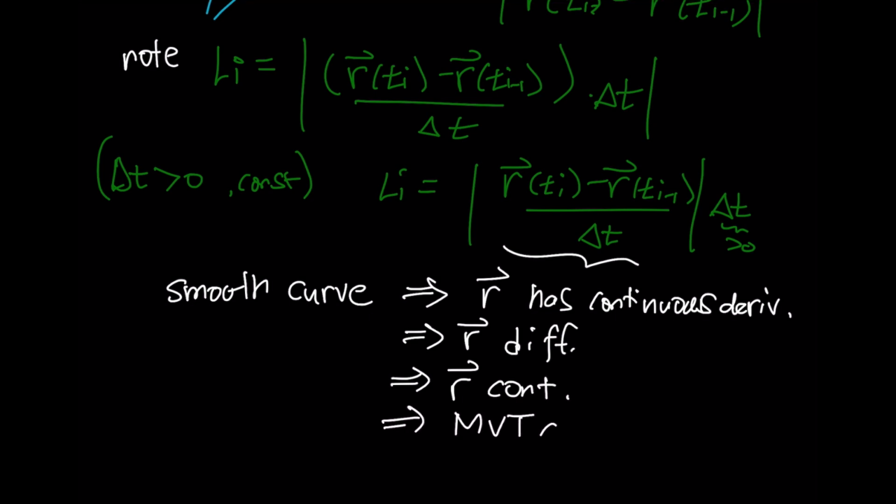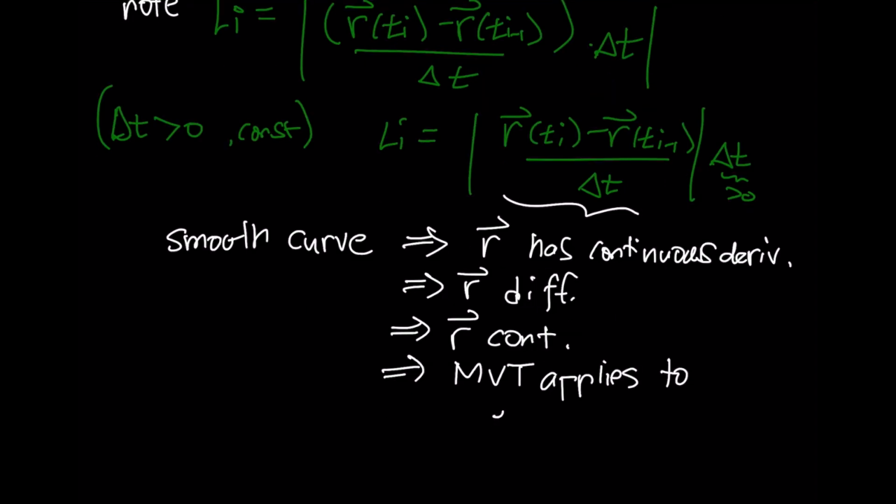Now remember, when you've got a vector function, it's made up of 3 scalar components. If the vector function is differentiable and has continuous derivatives, it means each component has a continuous derivative. That means each component is differentiable. That means each component is continuous, and that means the mean value theorem applies to each component of this vector function r.